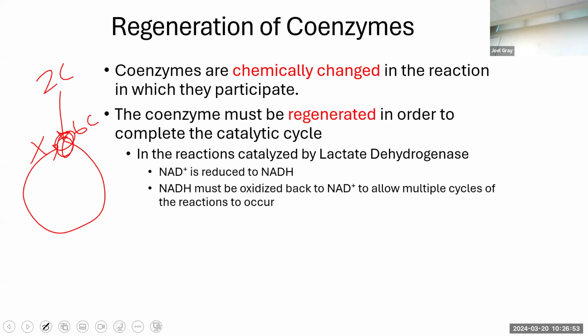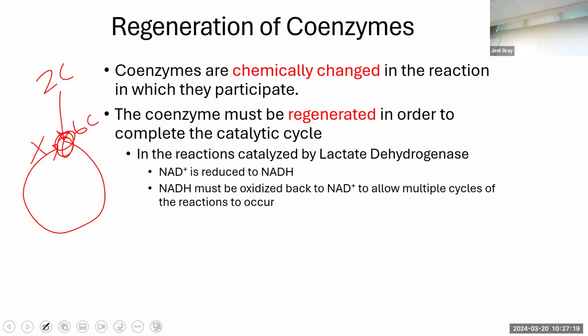So anytime you think about an enzyme catalyzed reaction, think about it in the same way. Okay, these are my input. My output is this. Well, if I want this reaction to go on again, what do I have to do? I have to get back to that starting point. Does that make sense? So I have to regenerate those components. Now, like I said, an individual enzyme maybe won't do that.